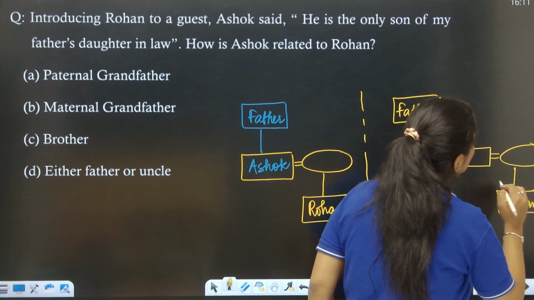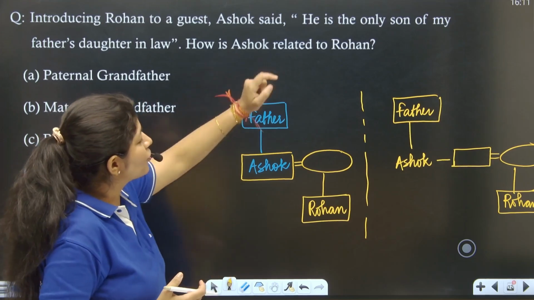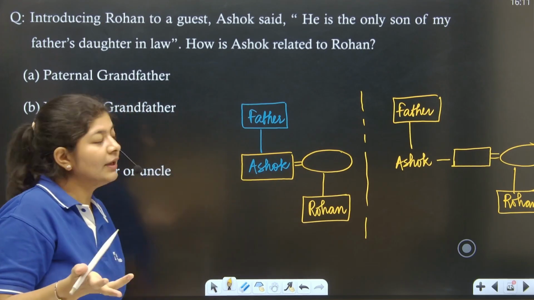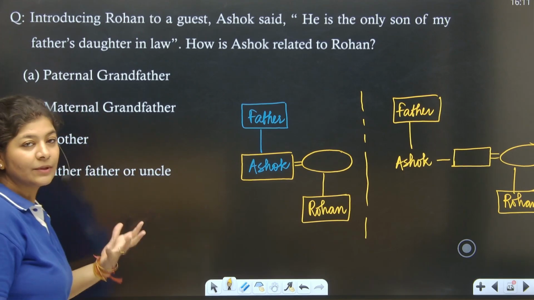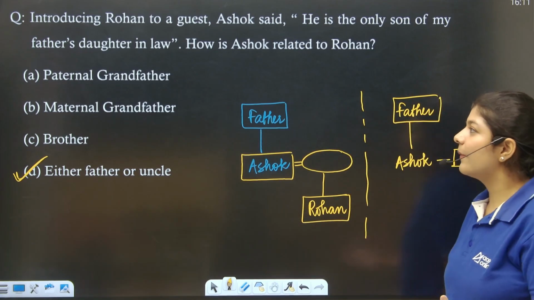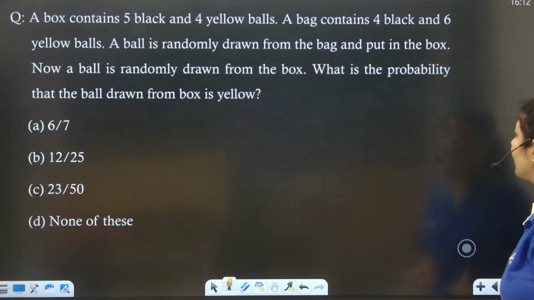So these are the two possibilities that we can draw over here. Now we need to find out how Ashok is related to Rohan. Ashok can be either the father or the uncle. That means your option number D is the correct one. Sometimes we need to understand the requirement of the question. Accordingly, we need to answer, right? Next.